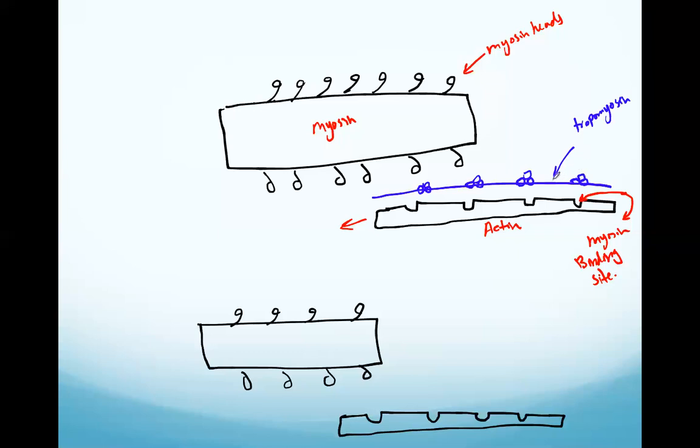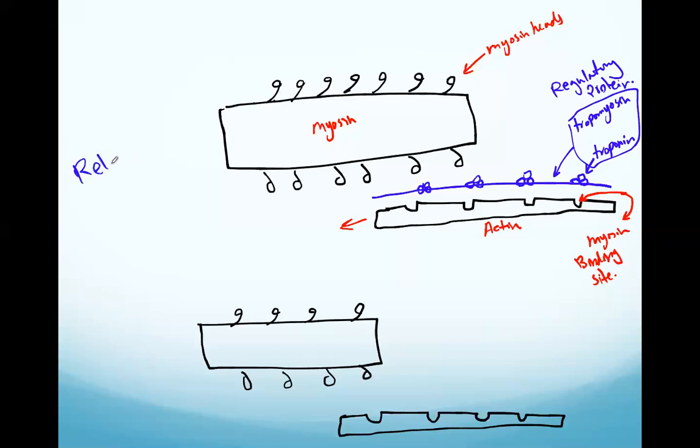And these little circles that I've drawn are subunits of a protein called troponin. So troponin and tropomyosin together are what we call regulatory proteins. And the goal of these regulatory proteins is to prevent interactions between actin and myosin when your muscle is relaxed.